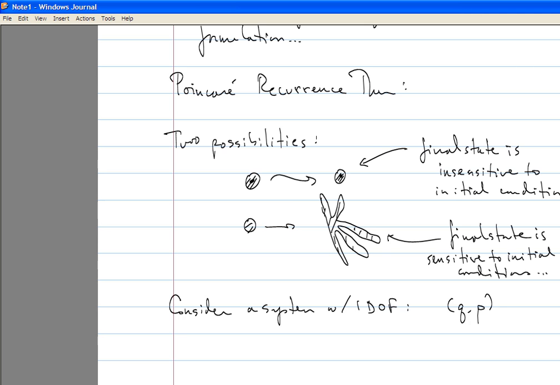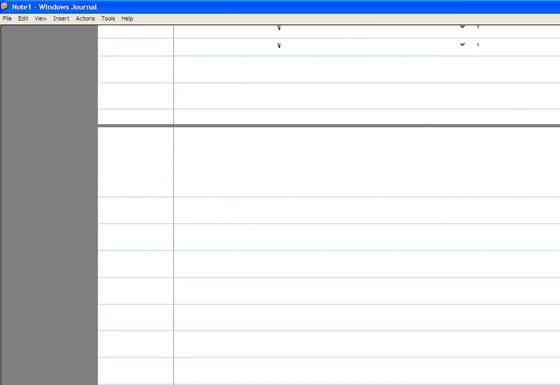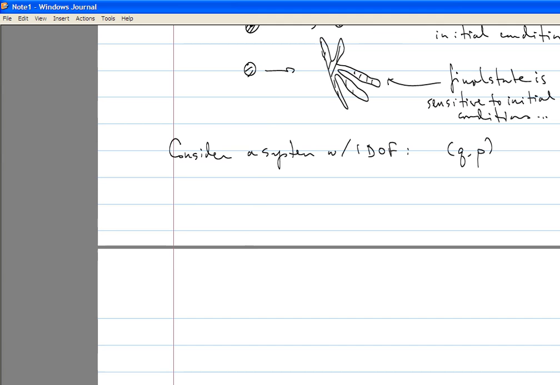Now, let's also consider the special case where the Hamiltonian has no explicit time dependence. So that means that if we were to draw a picture of phase space, then a simple way of analyzing the motion would be to draw the lines of constant energy, the lines of constant Hamiltonian on this phase space.